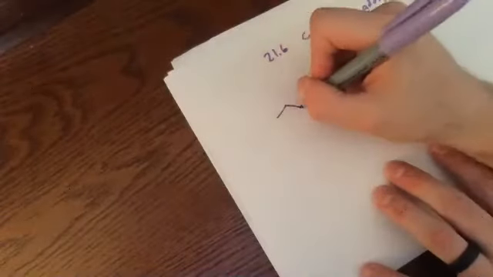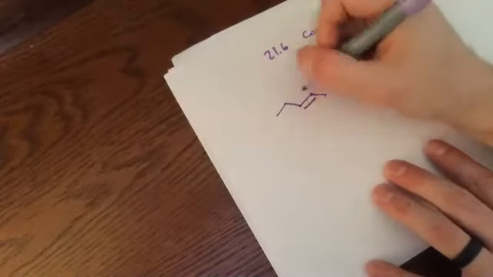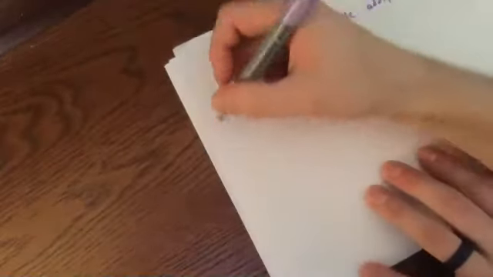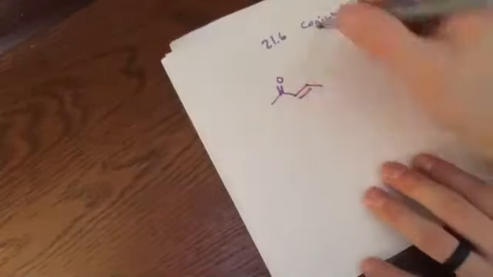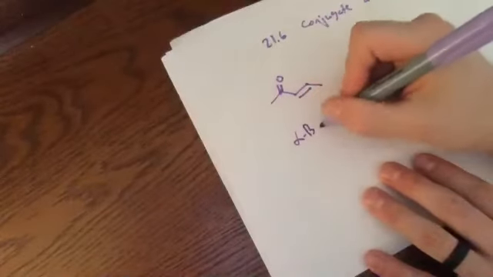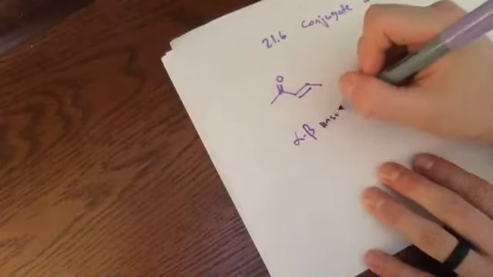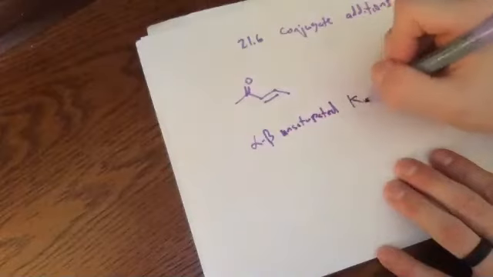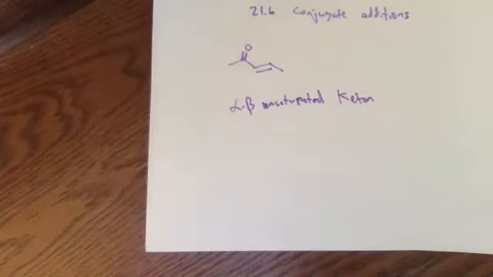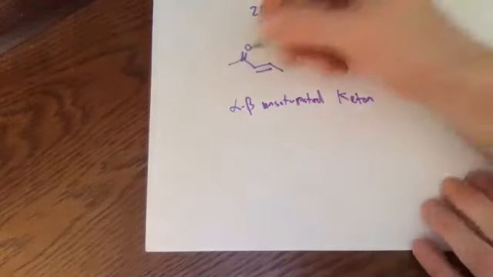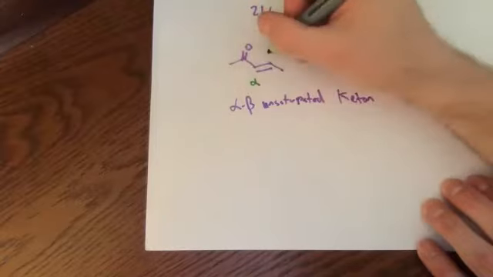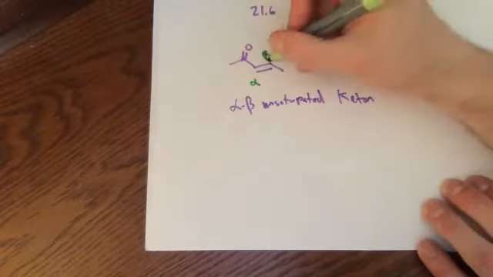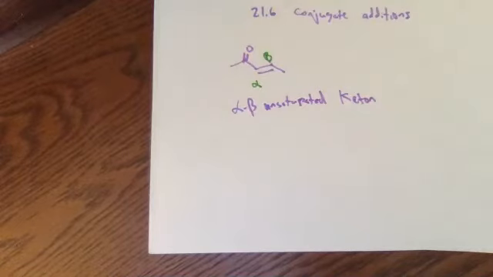So if I take what they call alpha beta unsaturated ketones or aldehy­des, it's a ketone. You don't really need to memorize that, but just so you know what I'm talking about. This is going to be considered our alpha position here. This one here is going to be our beta position. So I may say alpha and beta a lot, just so you know what I'm referring to.